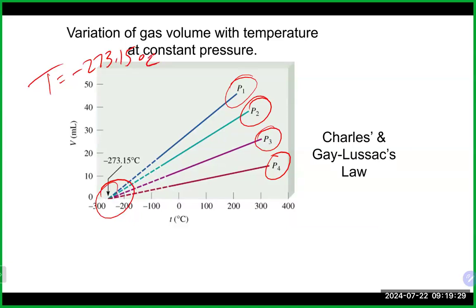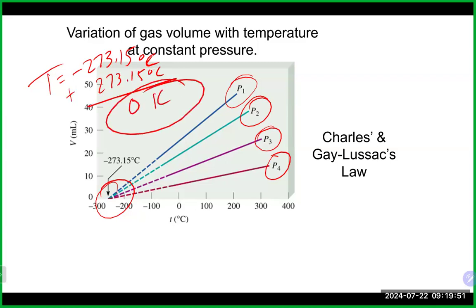Minus 273.15 degrees Celsius is a number that should look familiar to you. That is the number that we use to convert to Kelvin, 273.15. Kelvin recognized that and called that absolute zero. That's because if you convert that to Kelvin, you add 273.15 and you end up with 0 Kelvin, which is absolute zero.